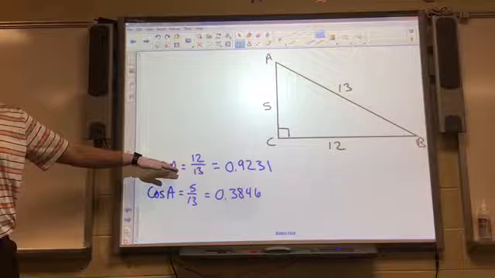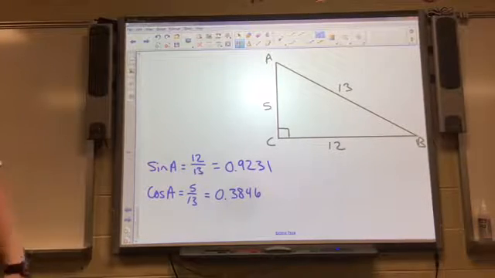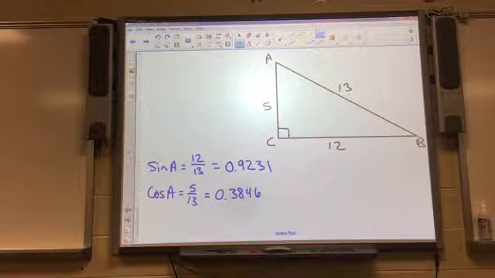Because your calculator might not be in the right mode. You're not? I just got to change your calculator mode. You should be. You just need to take your numbers and divide them. Okay, so that's the other thing we ran into.